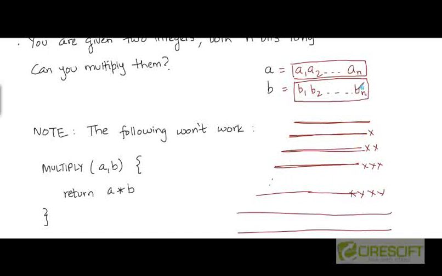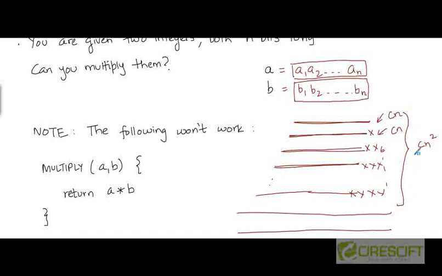Now since there are n bits in b and each line here corresponds to one of the bits, we will in effect be doing n square multiplications in total, or we'll be using time that is proportional to n square, because if the first string takes time proportional to n to be written down, the second string takes time proportional to n to be written down, and so on. There are n strings here, and so the total time taken to write down all of them will be n times some constant multiple of n, which would be cn square.